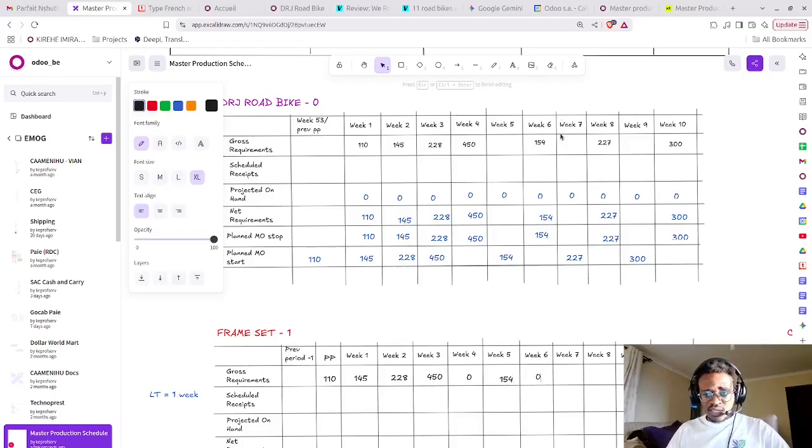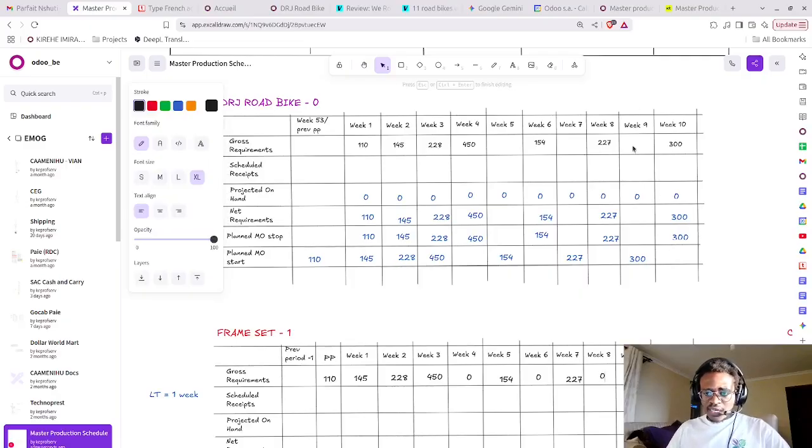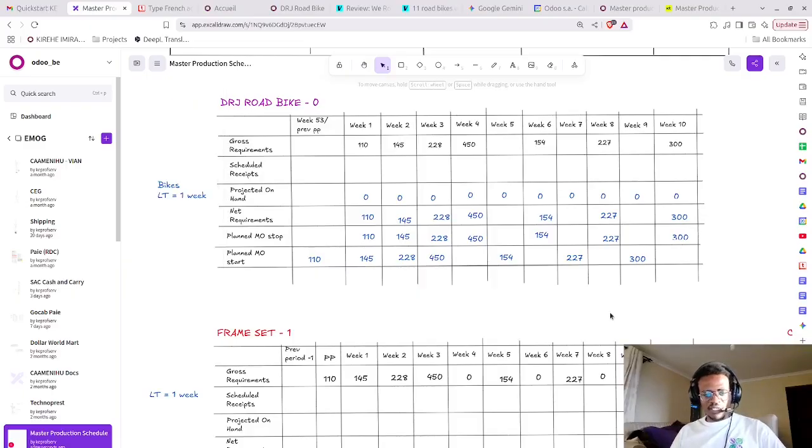Week 7, I need 227 bikes. I need 227 frame sets. Week 8, 0. Week 9, I need 300 bikes. I need 300 frame sets. And week 10, I need none. That's right. So that's for our frame set.